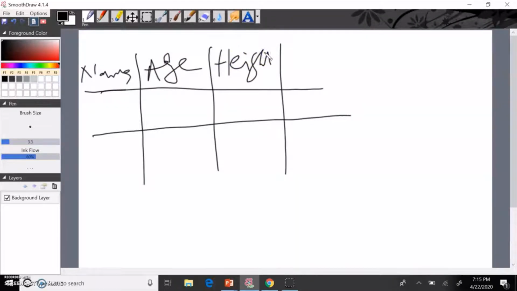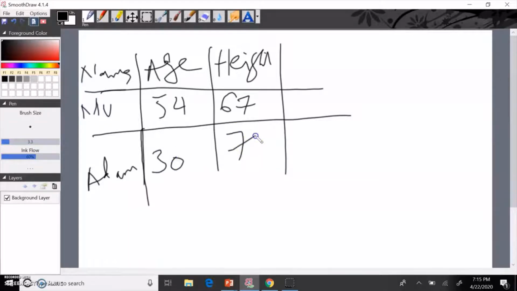Let's say I start with mine. My name is Muhammad. My age is 54 years old and my height is 67. I have another person, Adam. His age is 30 years and his height is 70 inches.